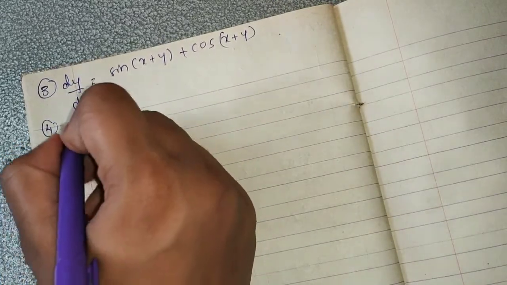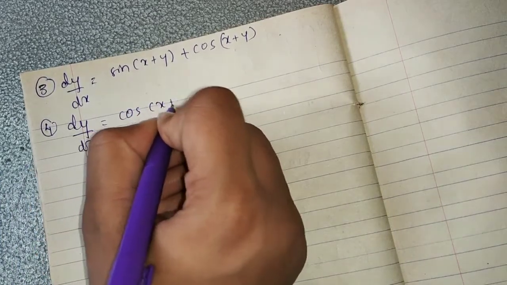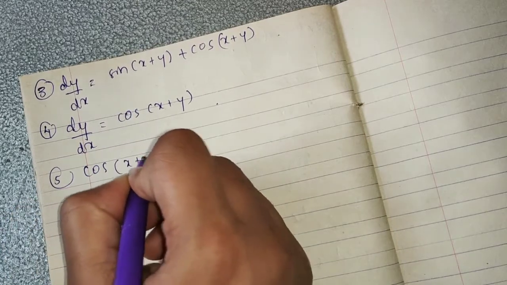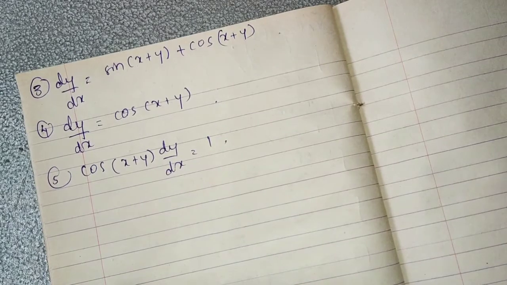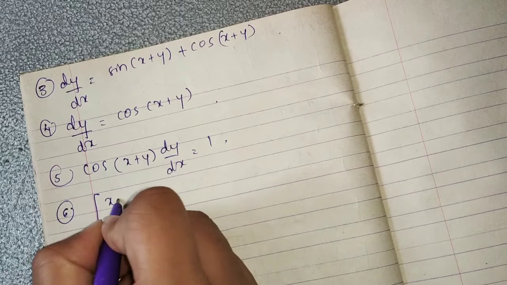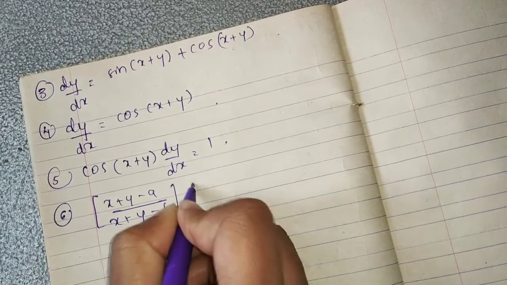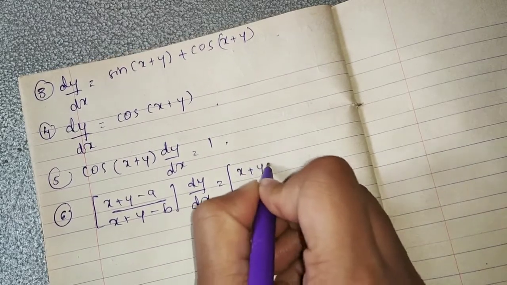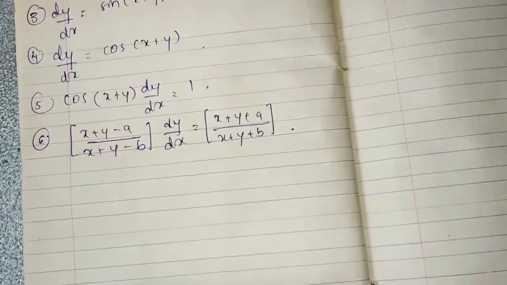Fourth one: dy by dx equal to cos of x plus y. Fifth one: cos of x plus y into dy by dx equal to 1. Sixth one: x plus y minus a divided by x plus y minus b into dy by dx equal to x plus y plus a divided by x plus y plus b.